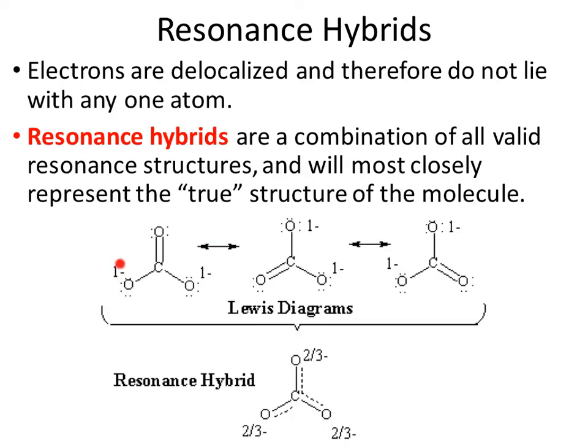The double bond will move to the different bonds, and eventually you'll get a hybridized version where the double bond is shared between all the individual bonds over here. We call this a resonance hybrid.